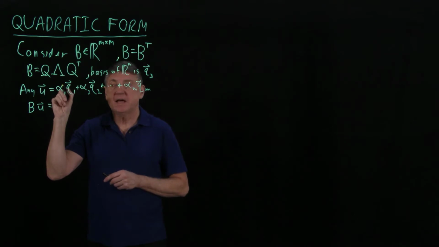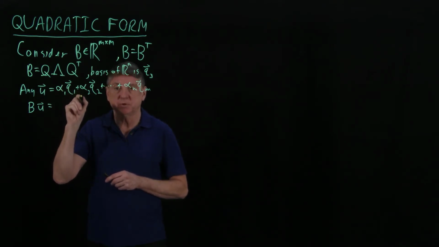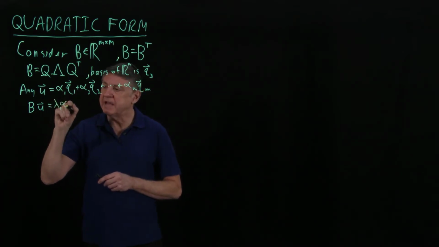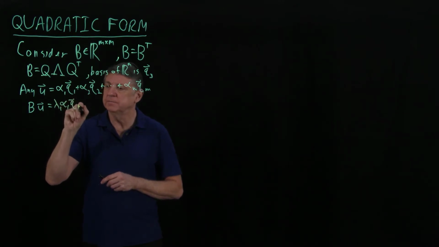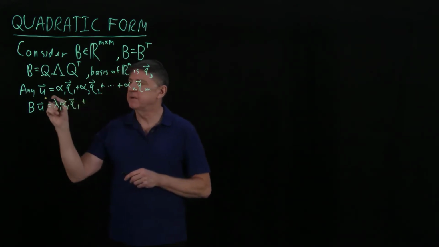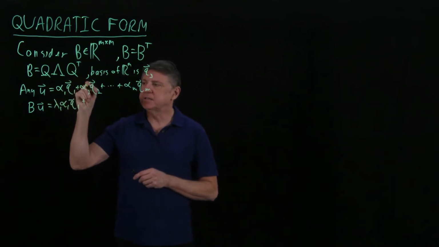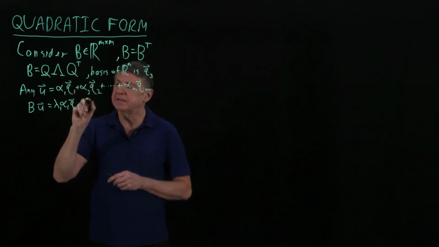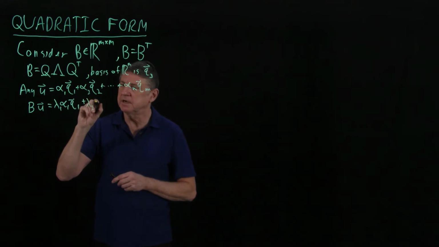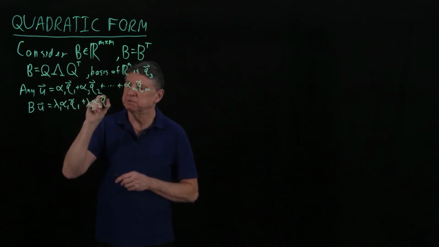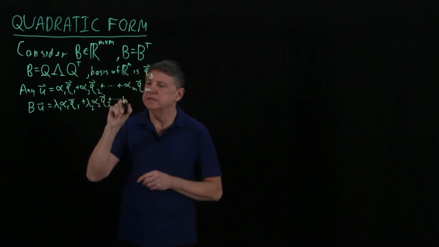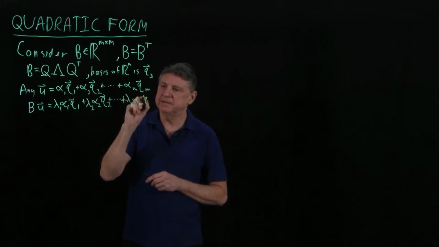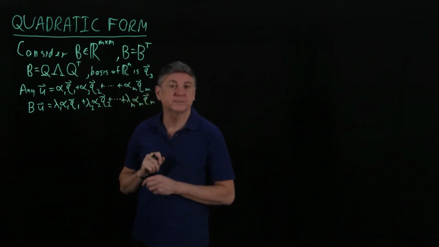That's the same as alpha 1 times B times q1, and that's the same as lambda 1 times alpha 1 times q1. Likewise, the next one is B times alpha 2 times q2. Using the same reasoning, that is lambda 2 times alpha 2 times q2, and so on until I have expressed all of the basis vectors for the coordinate space of size n.